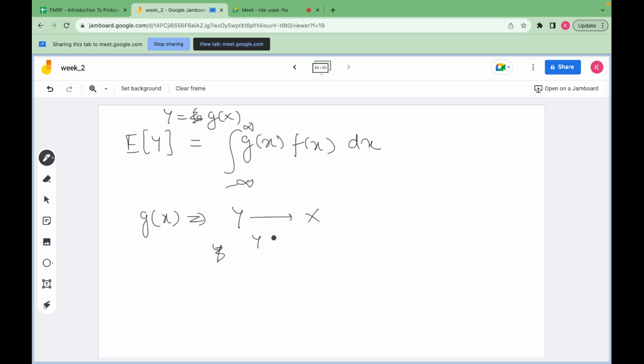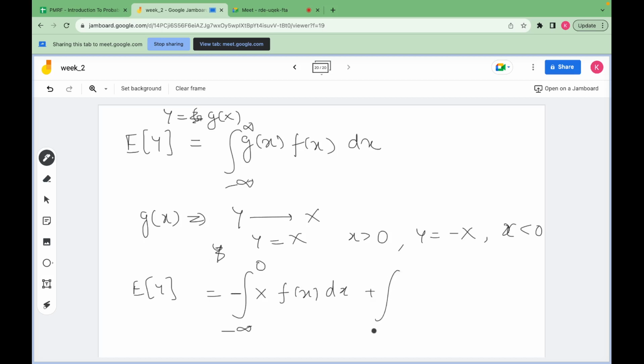So y is equal to x for x greater than 0, and it equals minus x for x less than 0. So this will open as minus infinity to 0, minus x fx dx, plus 0 to infinity, where y is equal to x for x greater than 0, x fx dx.